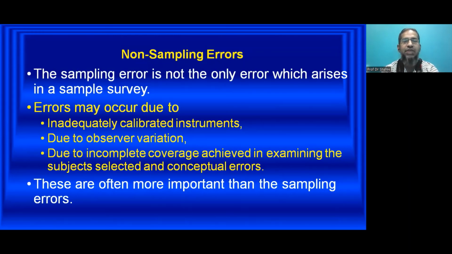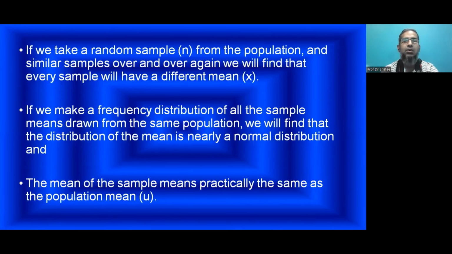Errors may also be due to observer variation. The person who is recording the blood pressure is not able to record it correctly, so that will also give variation. Other causes are incomplete coverage in examining the subjects selected, and conceptual errors. These are often more important than the sampling errors. So non-sampling errors also have an effect on the outcome of the results.